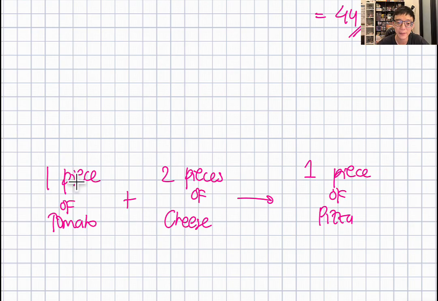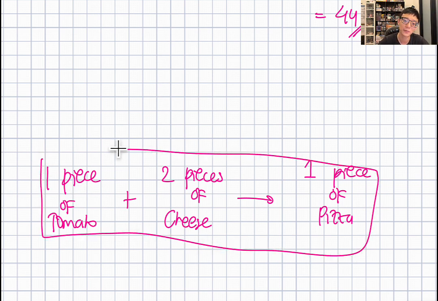Now let's discuss this short recipe. One piece of tomato plus two pieces of cheese creates one piece of pizza. With this information from the recipe, if you have a certain number of pieces of any of those, you are able to predict the number of the other things. For example, now you have 3 pieces of tomato.